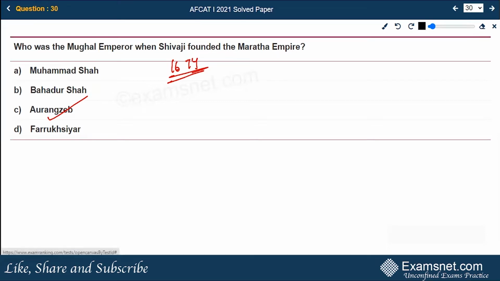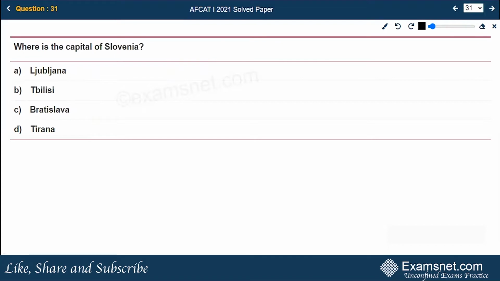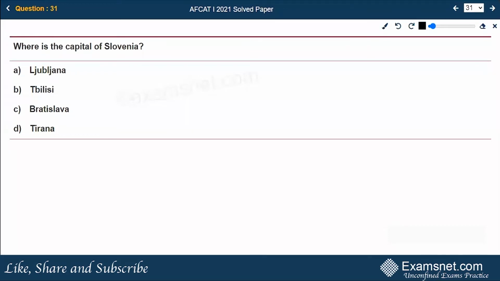Next is question number 31. Where is the capital of Slovenia? Is it Ljubljana or Tbilisi, Bratislava or Tirana?